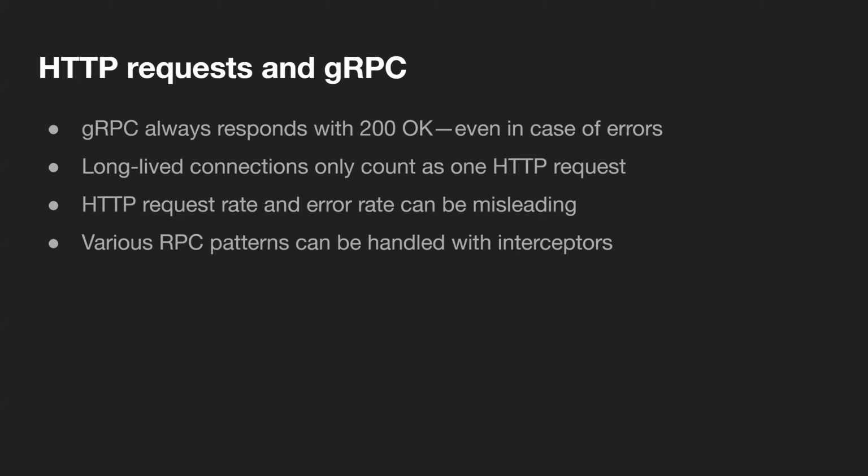So if you are counting HTTP requests and visualizing request rates or error rates, that can also lead to misleading results or statistics. And these various RPC patterns can be handled with interceptors separately, so you can make a conscious decision on how to handle these in terms of logging, metric collection, alerting.